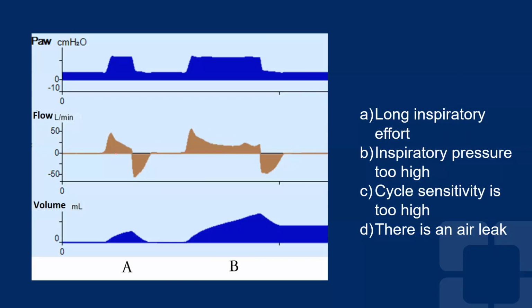So what's happening here is that the air is leaking and the breath is not reaching the cycle threshold that you would set according to the peak expiratory flow. So it didn't reach that threshold, which you could see it's right here. That would be the threshold that was set. And it didn't reach that. So this is a classical finding for an air leak being present.